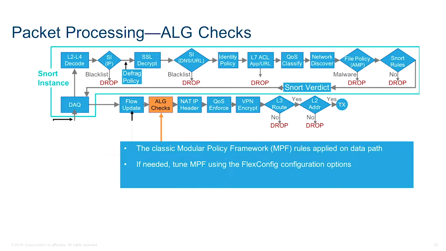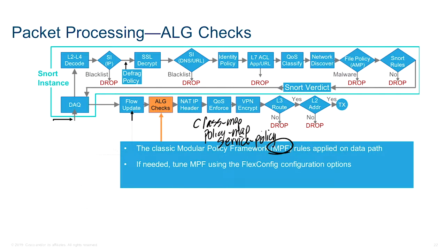Again, we have our ALG checks, or our application layer gateway checks, giving us the ability to go very similar to the old school modular policy framework, but the ability to do a class map, a policy map, and a service policy.